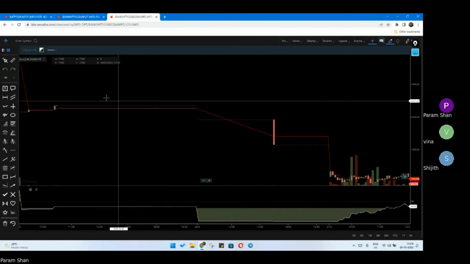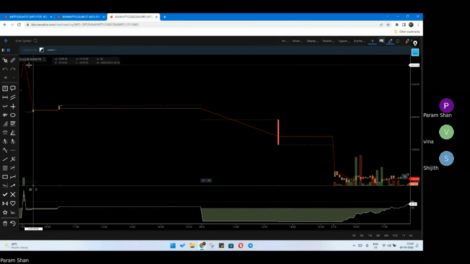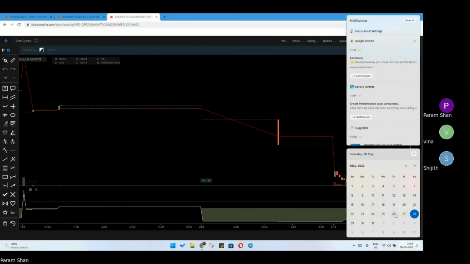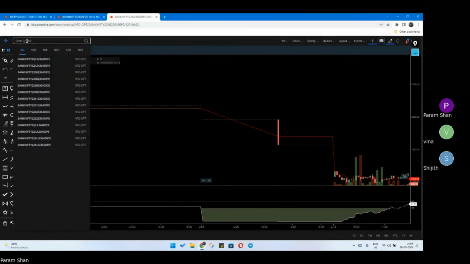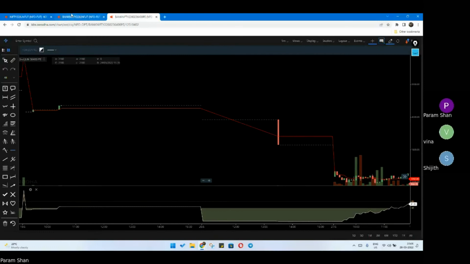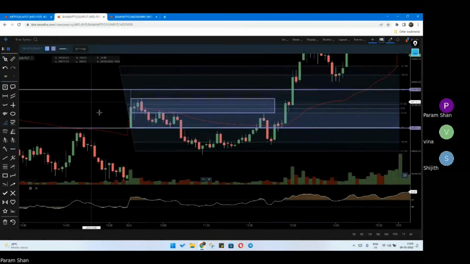No, 36, actually we should have taken 400 P. Let me just look at the calendar. 26th the expiry day, right? I don't think we would be able to see the expiry one because May is already over now. So there we can pick up 36,400 PE May expiry. It could have been much costlier also or cheaper also. So if we had gone, then definitely we might have got our price.